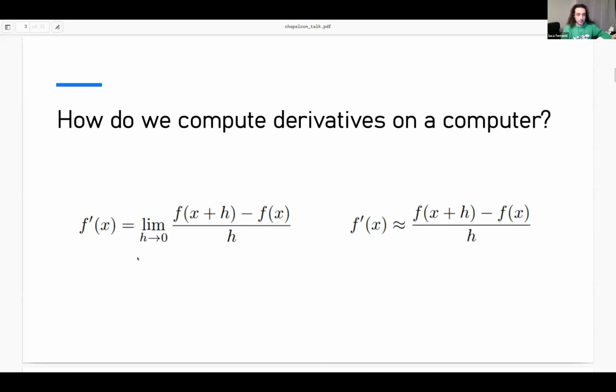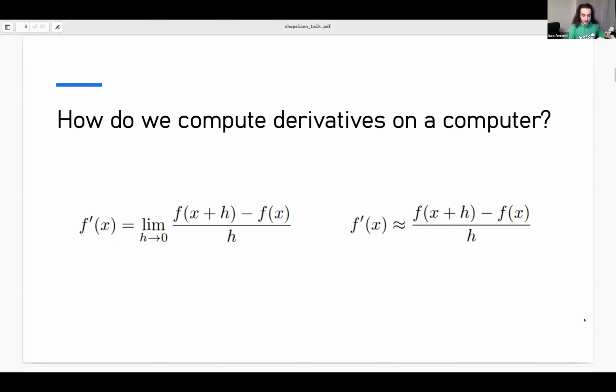And we say, okay, we are on a computer, we do things numerically. So approximately, when h is small enough, we can approximate the derivative with this so-called finite difference. This is basically the definition of the limit. Now, this is maybe not the smartest finite difference, it's the simplest one, but just to give the idea.